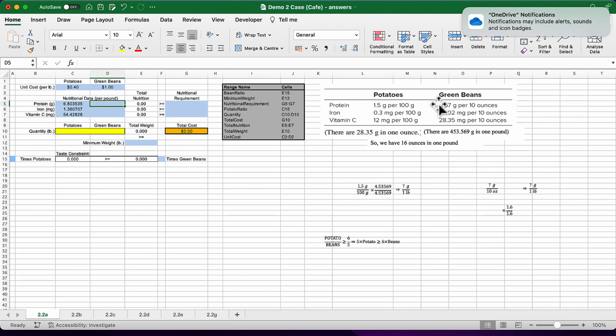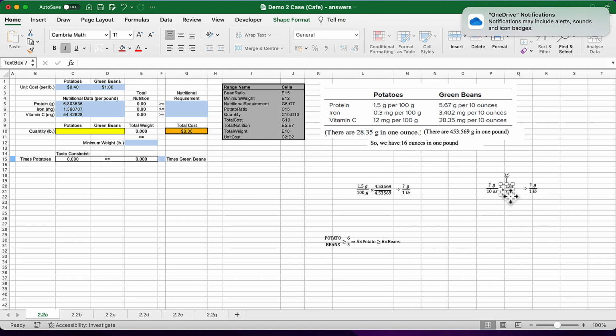In a very, very similar way, because the green bean is viewed from a 10 ounces perspective, we have to make sure that we're consistent with looking at it from a 1 pound perspective, and that conversion is equally familiar.